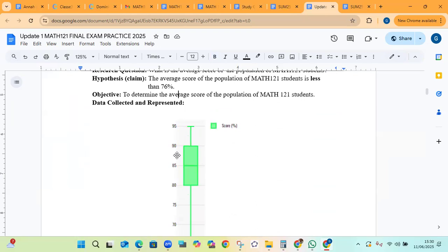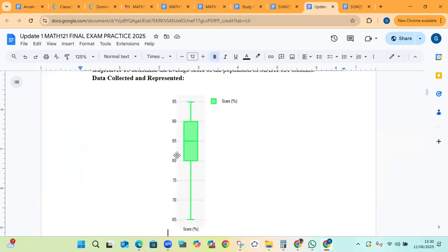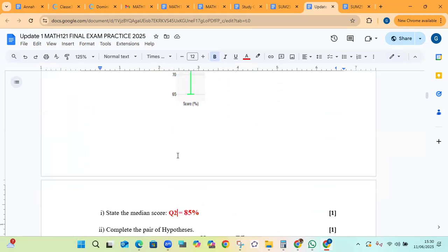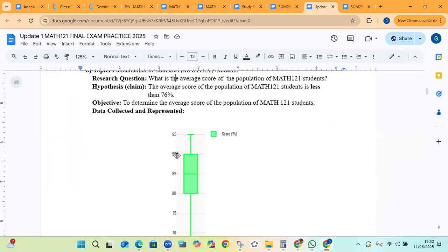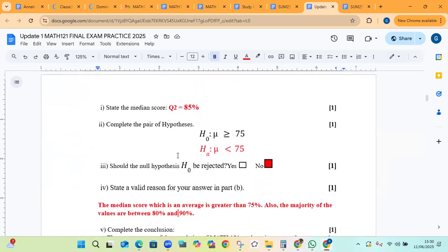Now you will be required to analyze the box and whiskers diagram. You will not be required to draw it. It will be very similar to test A. Okay. Box and whiskers will be provided, and you have to be able to analyze information from it.